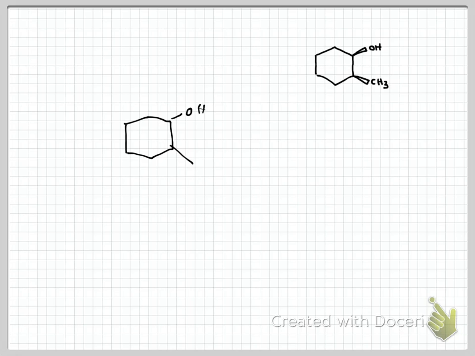I'm going to draw another one. All I'm going to do is take one of the groups and flip it to the back. It doesn't matter which one. Okay, and now I'll keep the OH in the front for this one. Does it matter? No, it doesn't, as long as you do this systematically. And I'll put the CH3 in the back. What else can I do?